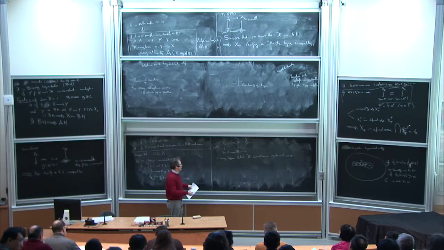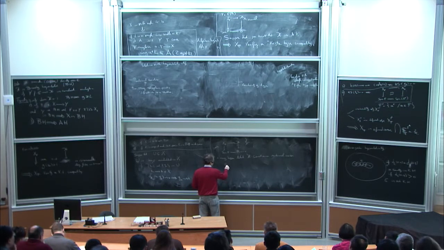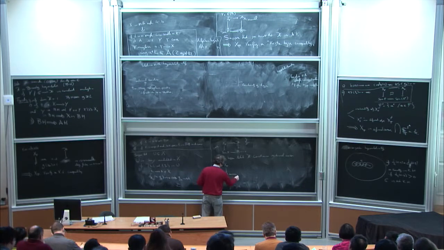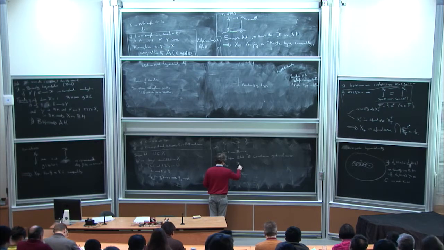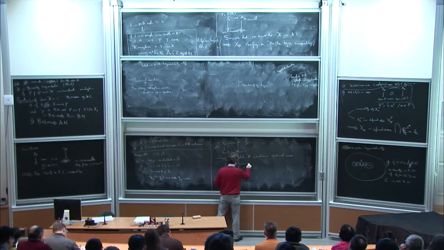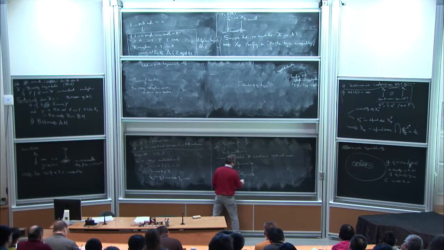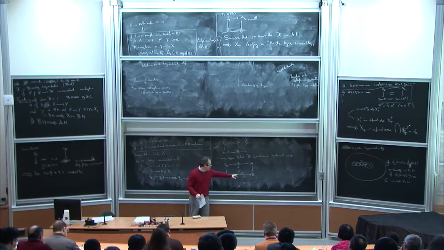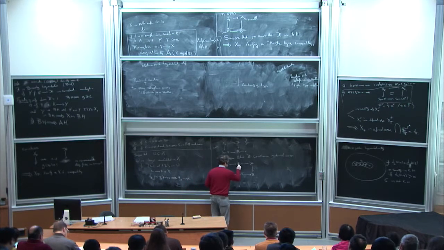But what is the situation here? You have X_F over Spec F, then you have, let's say, an open set like this. Here you have an open set where this morphism is always smooth.